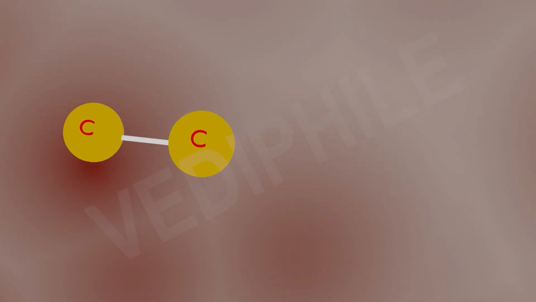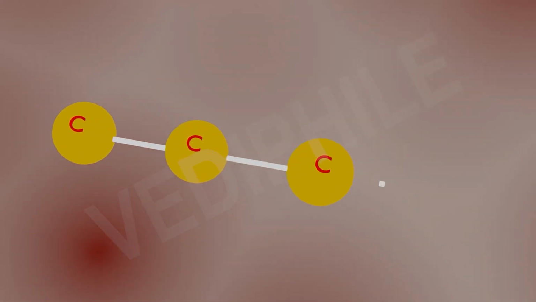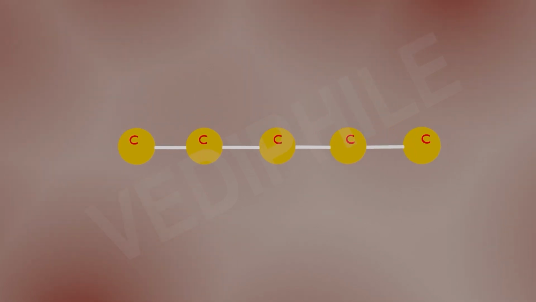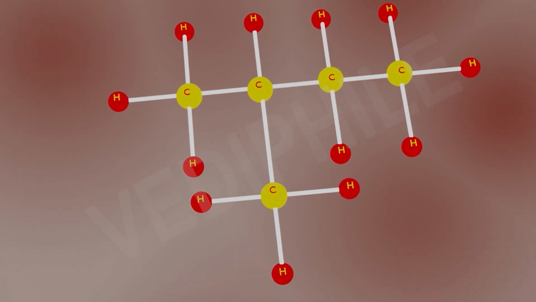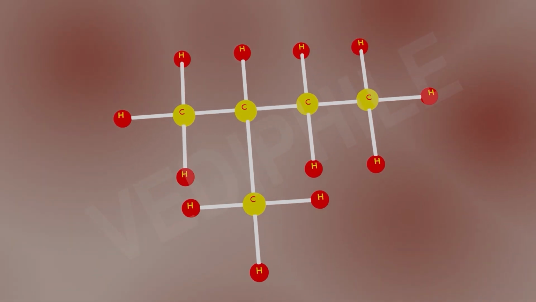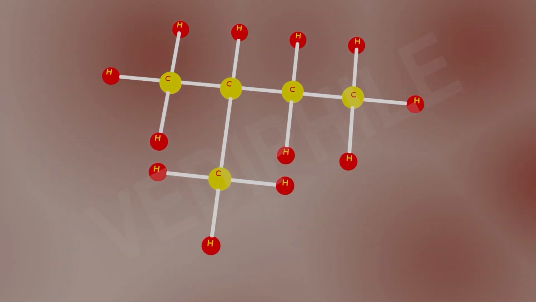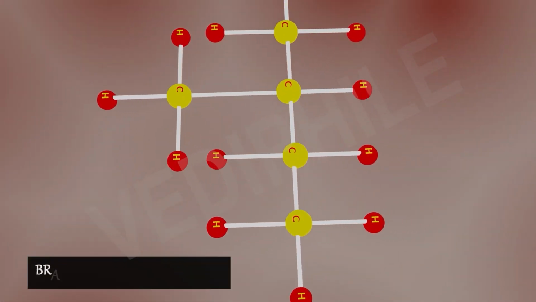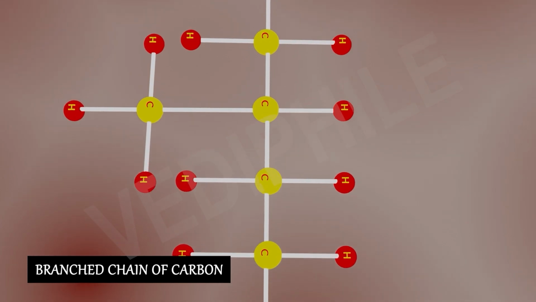Due to the property of catenation, carbon can make bonds with other carbon atoms. Carbon can form 4 covalent bonds. So that means one carbon can attach with 3 other carbons. And this property gives rise to branched chains of carbon.